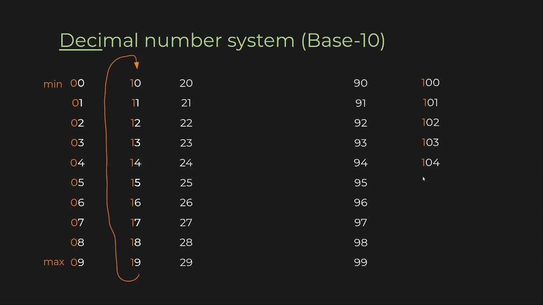You can consider again this as cycle 1, this is cycle 0. This process will continue up to 999 and then it becomes 1000, and similarly it continues further. So this is how we can count any number using the decimal number system.